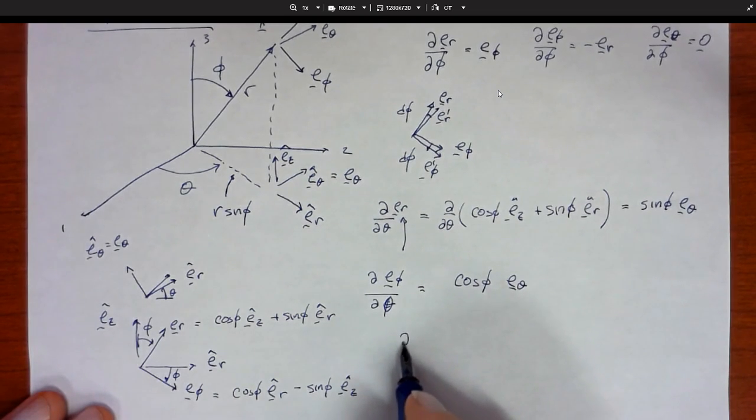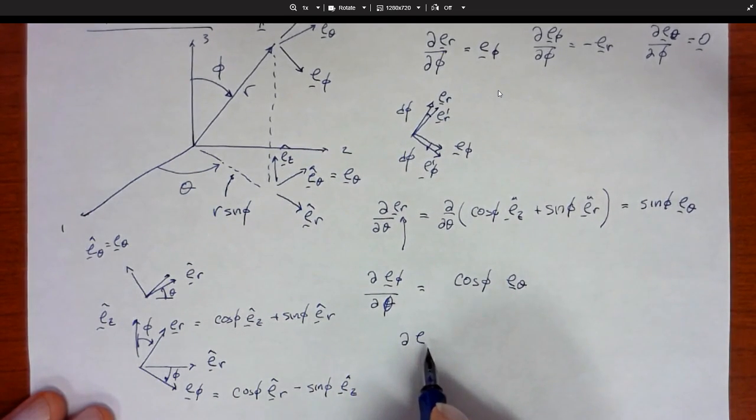And then we can also get the derivative of E theta as we go in the theta direction.